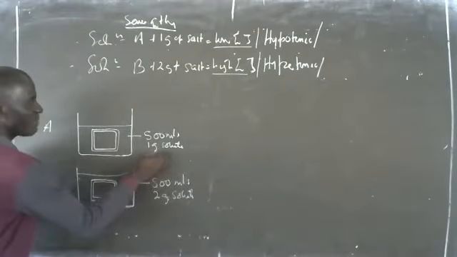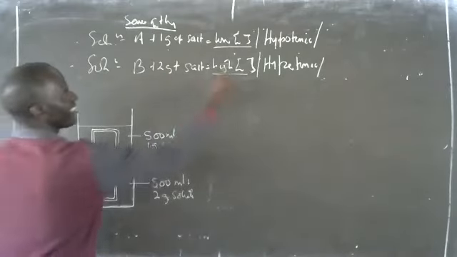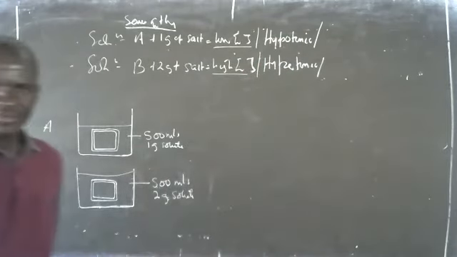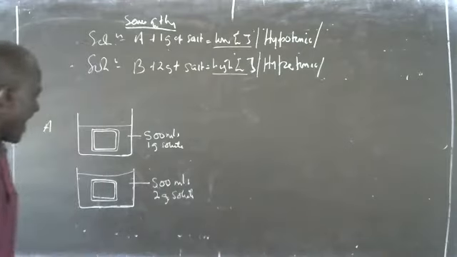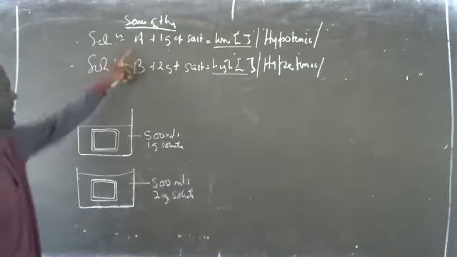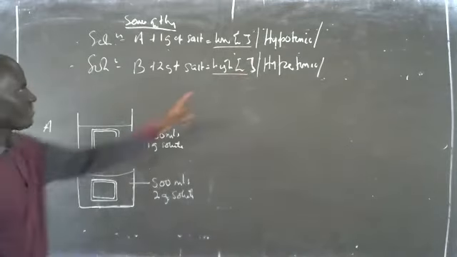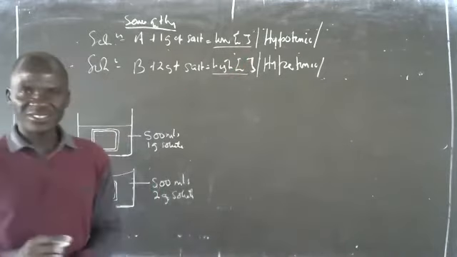if this one is hypotonic, like you say here, and then this one, we say A is hypotonic. This is A, which is hypotonic, which is of low concentration.